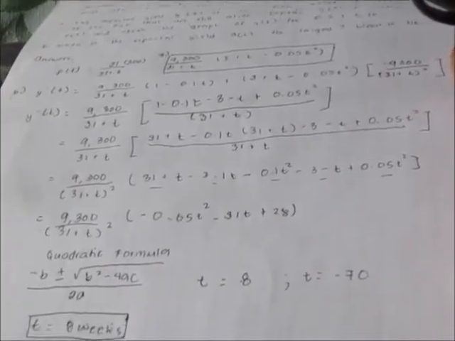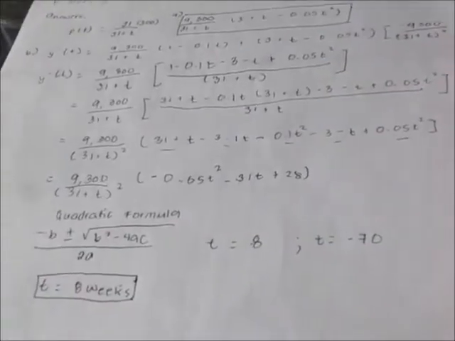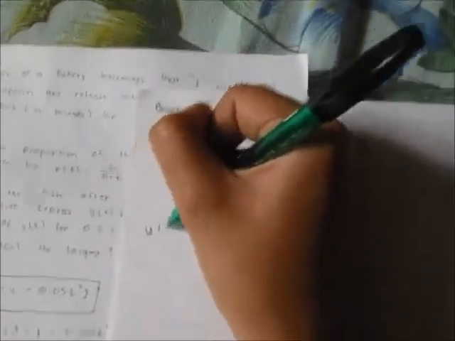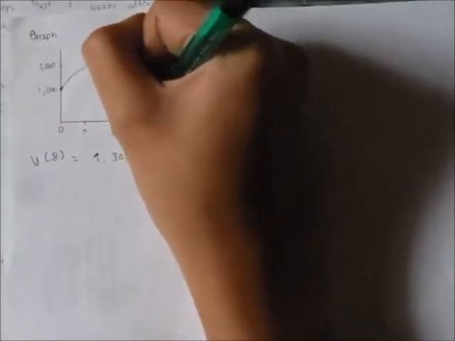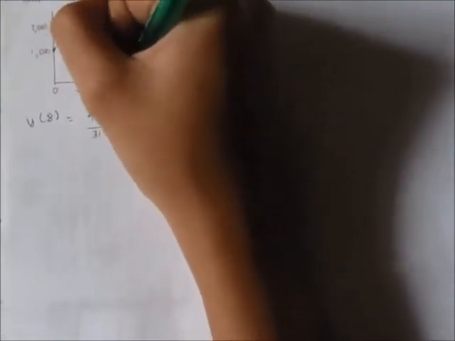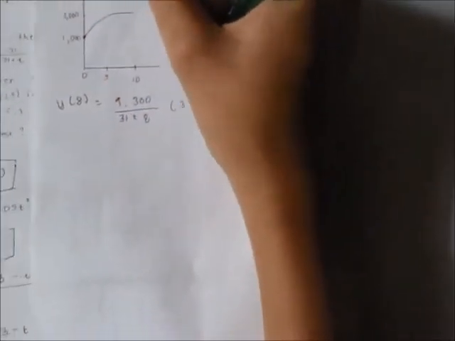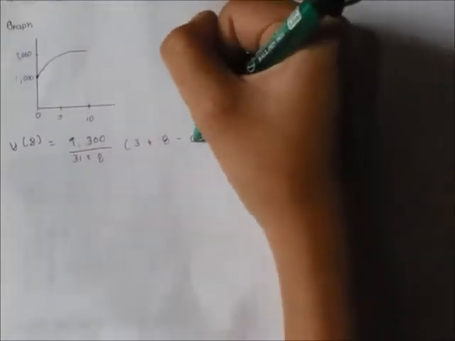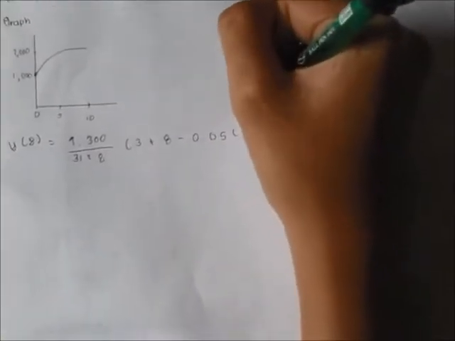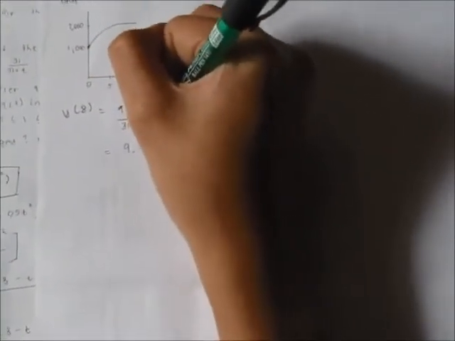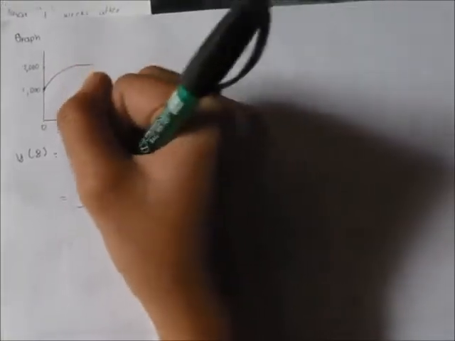And another part of the question: what is the maximum? To be able to get the maximum, we must go back to the first equation. So, Y of 8 equals 9,300 over 31 plus 8, times 3 plus 8 minus 0.05 times 8 squared. 31 plus 8 equals 39.